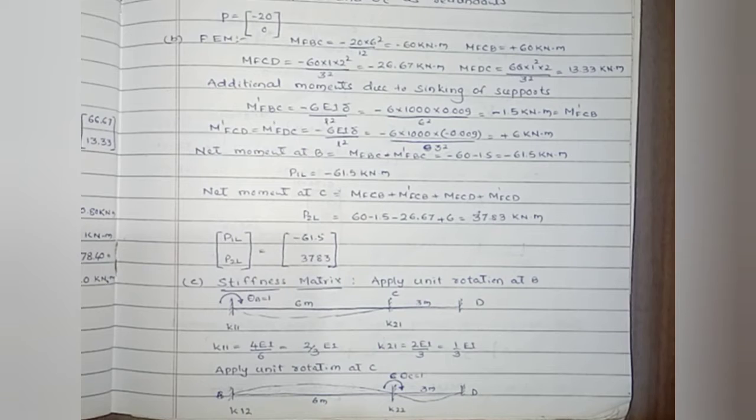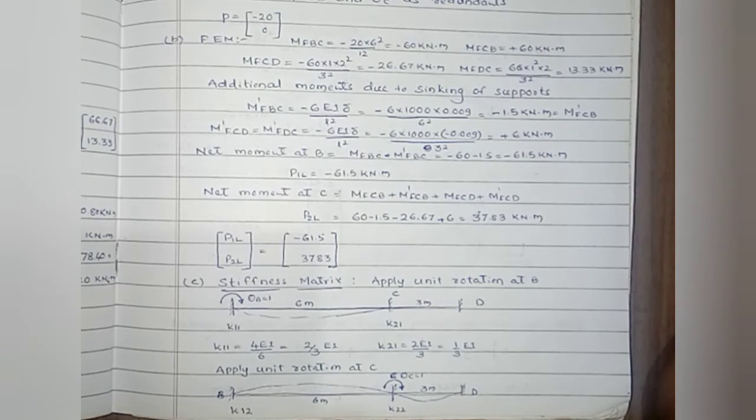Here the total length is 6 meter. It will undergo deformation like this as shown in figure. Then by using the slope deflection equation, for the near end, K11 equals 4EI by L, that is 4EI by 6, that is 2/3 of EI. K21 at the far end, that is 2EI by L, that is 2EI by 6, that equals 1/3 of EI. Now we can apply the unit rotation at C, that is at coordinate 2.